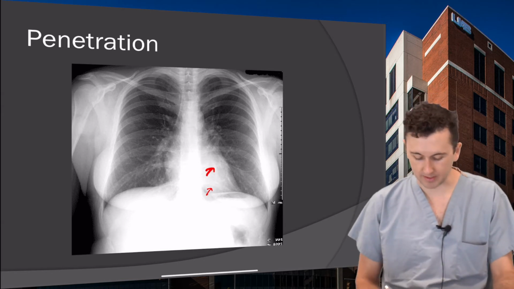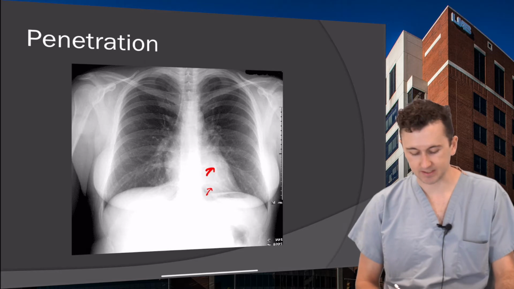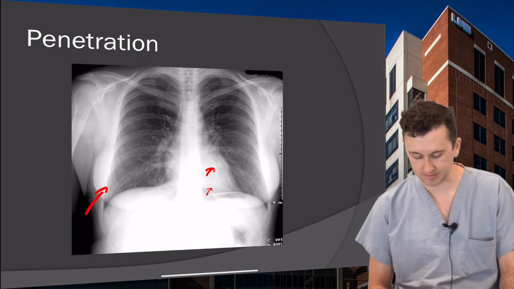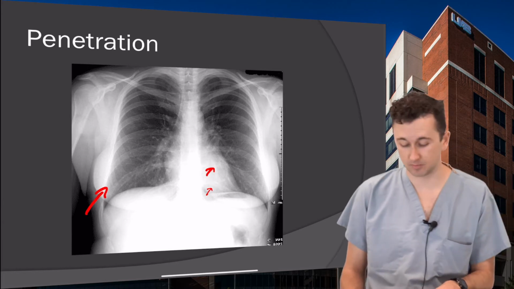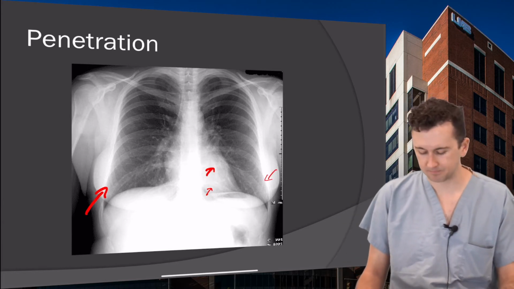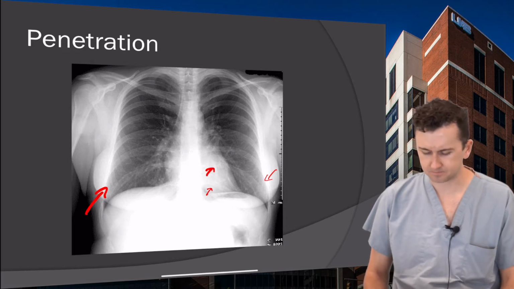The other thing that's important is to glance at the periphery, anywhere in the lungs near the periphery, and you should see lung markings extending all the way out. So you can clearly see lung markings here going all the way out to the periphery. Again, you're not going to see that if the film is not properly exposed. We'll look at some more examples, but those are the two easiest things to pick up on.